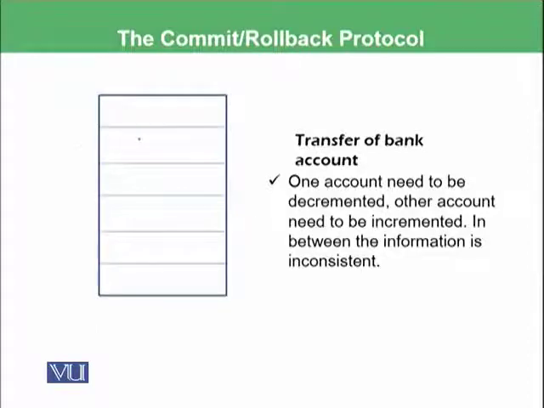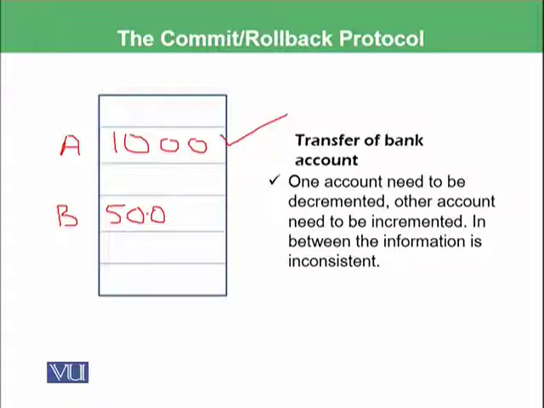Here is an account of one person which has, for example, a balance of 1000, and here is another account which has a balance of 500. My instruction is that I want to transfer 200 from the first account, let's name it account A, into account B. So this means the total amount would be 800 in account A and 700 in account B.